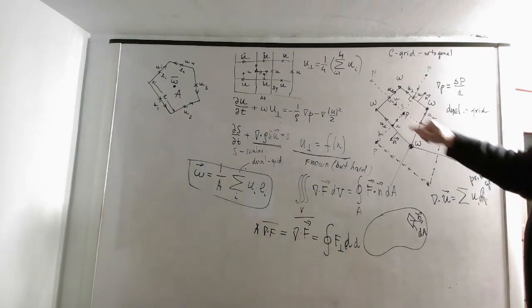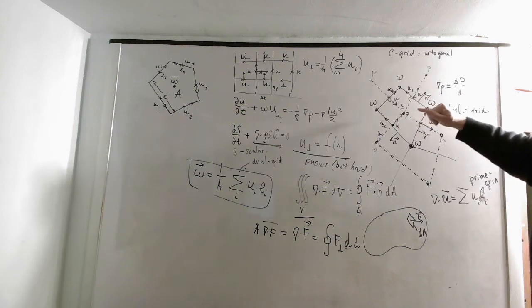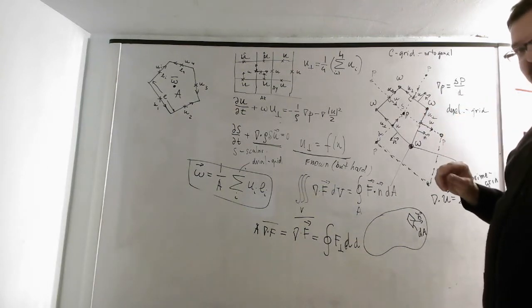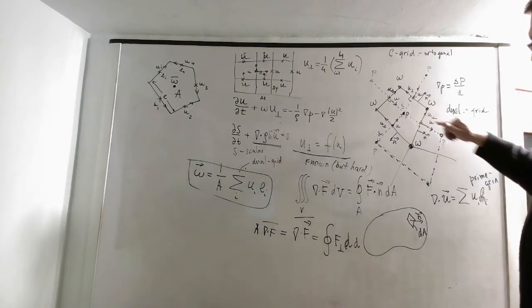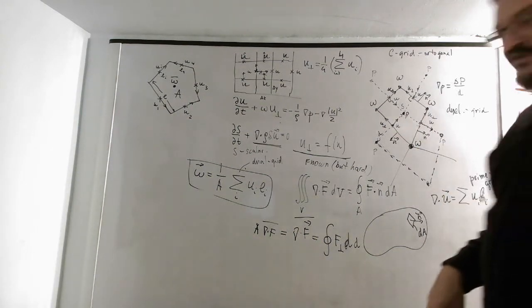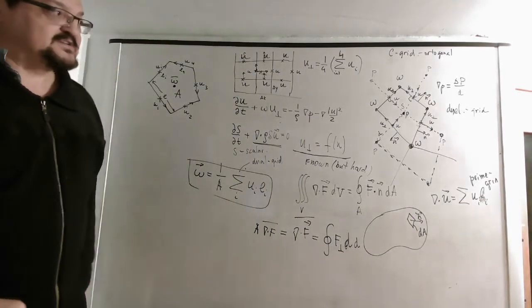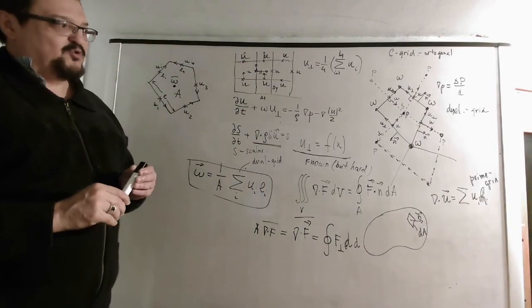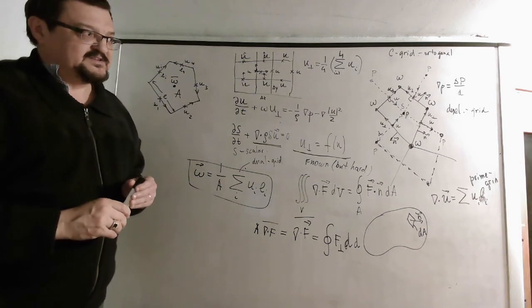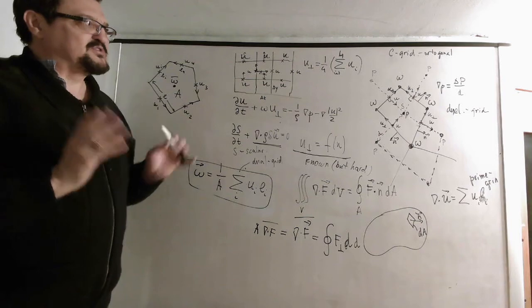But again, the prime grid edges should be very close to being orthogonal to your secondary grid, and sometimes it's not possible, or it's difficult to do. But there are methods that allow you to do that, and I'm not going to talk about that.